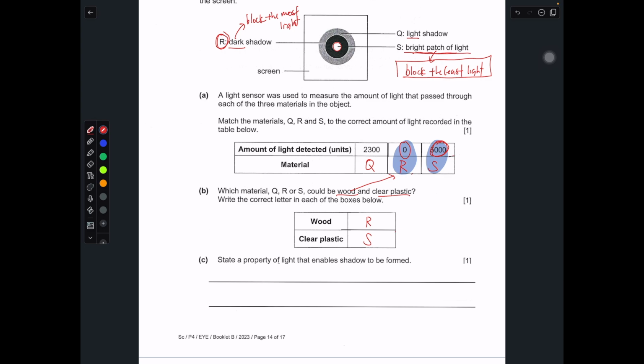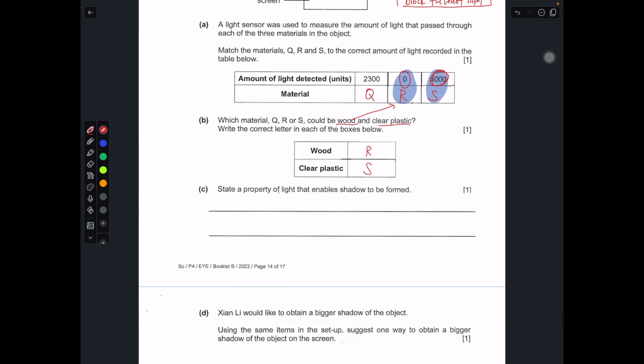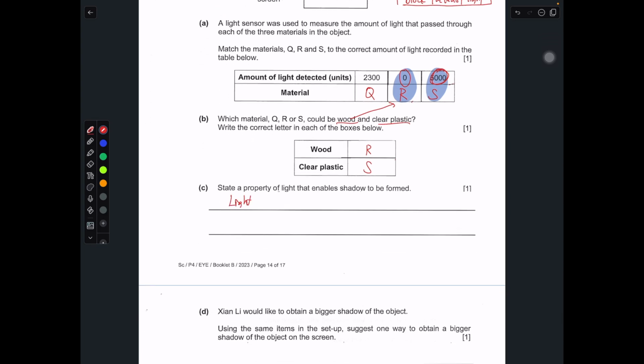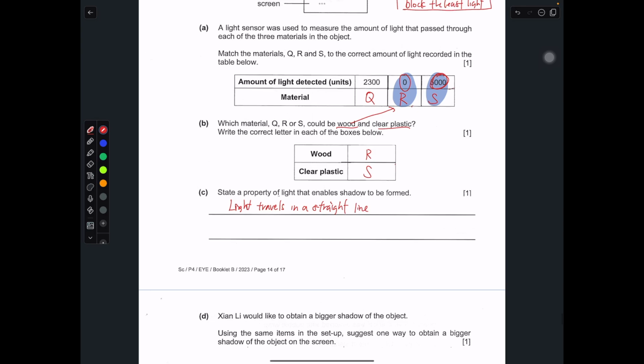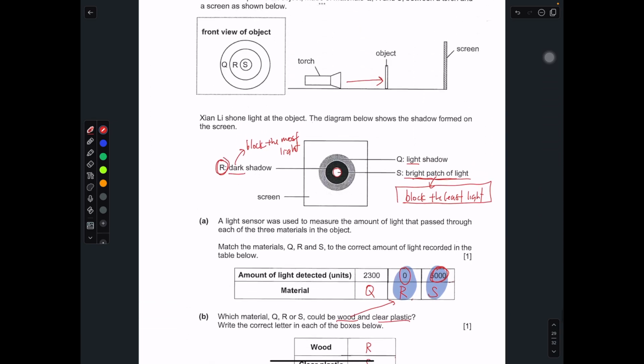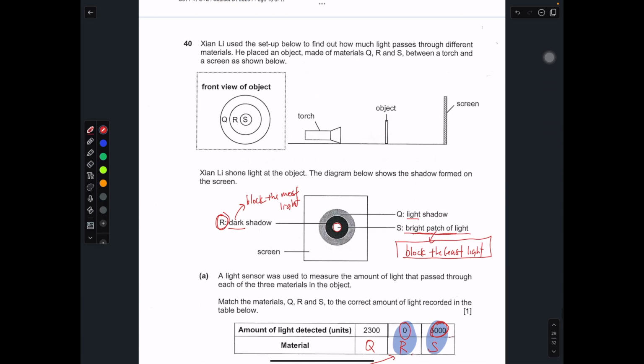Okay, so we'll state a property that enables the shadow to be formed. This one is: light travels in a straight line. The reason is that light cannot bend, it travels in a straight line.